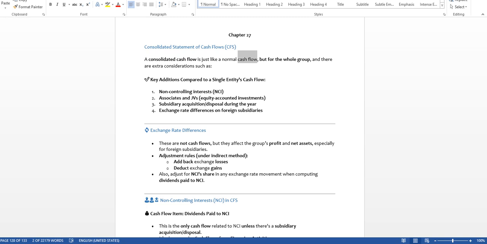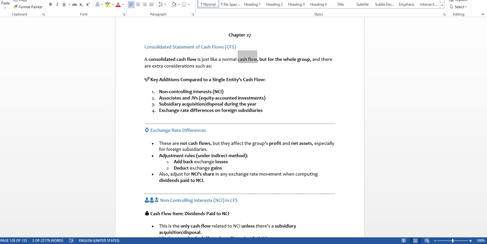Your net profit, add non-cash items. Adjustment for non-cash items first, then you have changes in your current assets and current liabilities. We call it working capital. Changes in working capital, which is current assets and current liabilities, right?